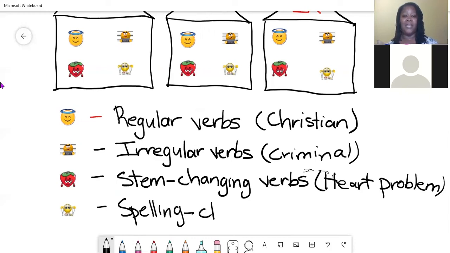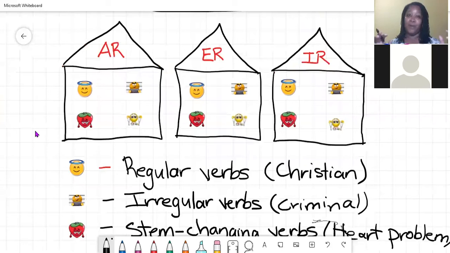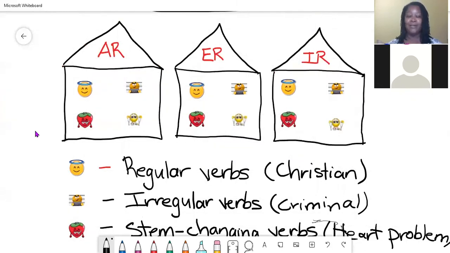With spelling change verbs, the issue tends to take place closer to the end of the verb. And so our little alias for these verbs is foot problem. Foot problem verbs.